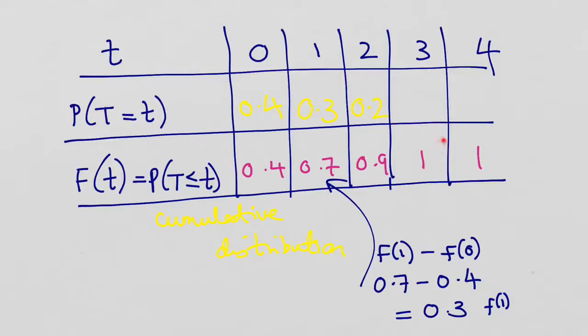This is the probability up to and including 3. So if I take away the probability up to and including 2, I would just be left with the individual probability of 3. And then 1 take away 1 gives me 0. So that's how you work backwards from the cumulative one to the probability distribution.